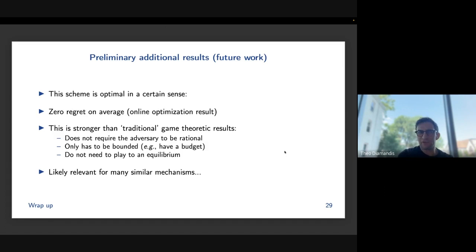This is likely relevant for many similar mechanisms as well. And one really interesting thing about this mechanism is that because you have this kind of pricing mechanism, in some ways you are charging the adversary to interact with your mechanism. And there's some indication that if you set the prices in a certain way, roughly proportional to the square of the gradient, you can actually get better than zero regret on average.